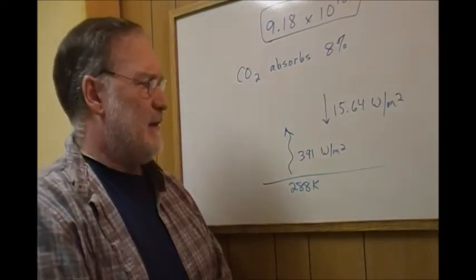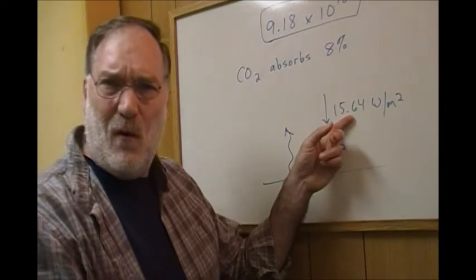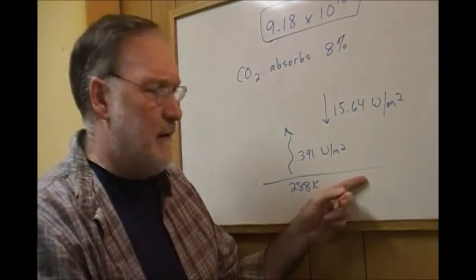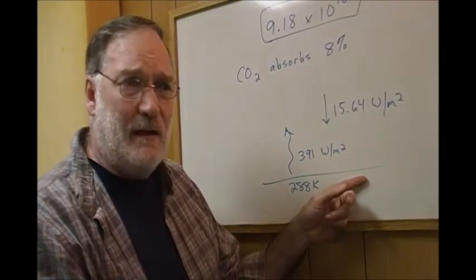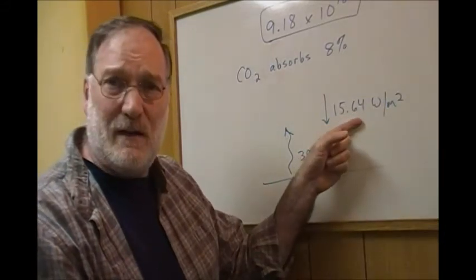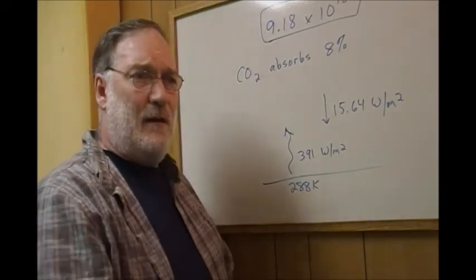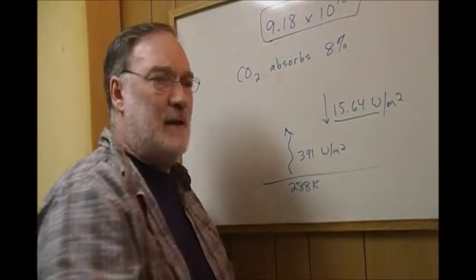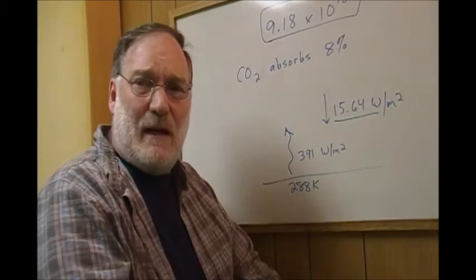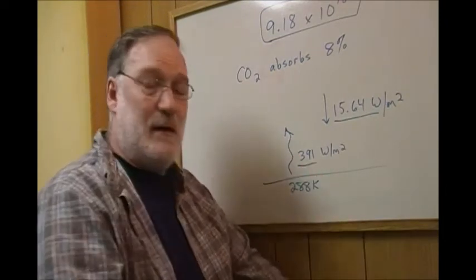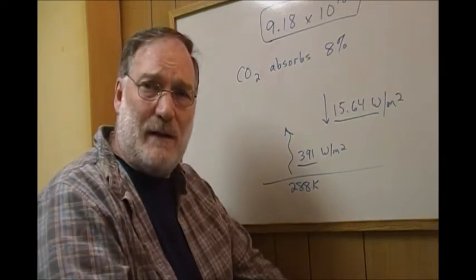Well, the problem is radiation can't increase the temperature of the ground unless the incoming radiation is greater than the outgoing radiation. So 15 watts per square meter from carbon dioxide is not going to warm the ground at all if the ground is emitting 391 watts per square meter.